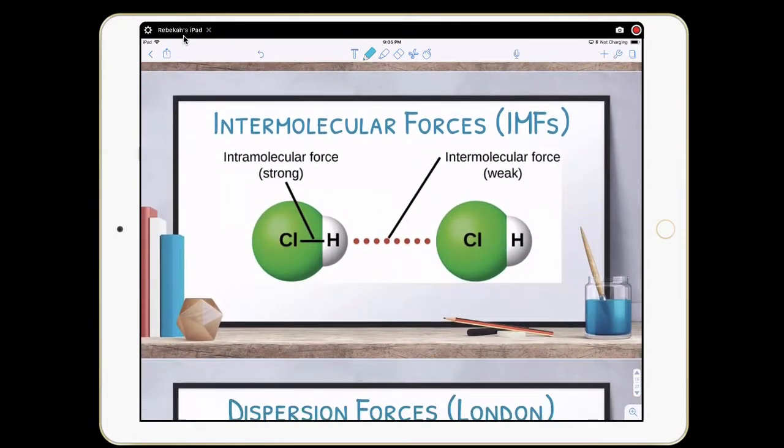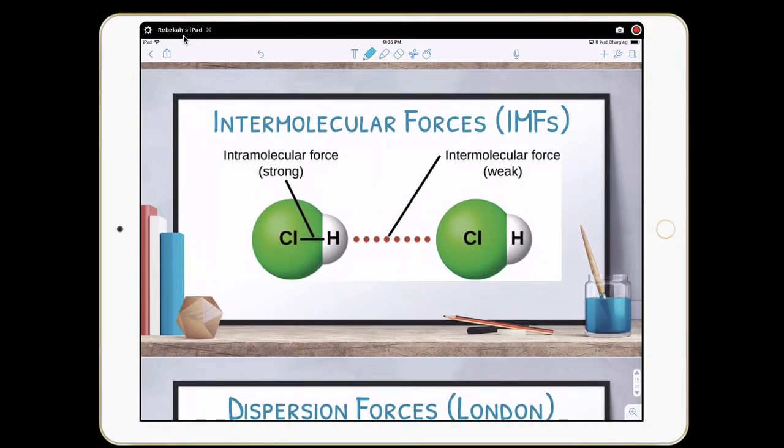Alright, now we're going to talk about these intermolecular forces, these IMFs. There are 3 different intermolecular forces that we need to know. We're going to discuss them. Just a really quick recap. Intramolecular forces are bonds and ionic interactions. Intermolecular forces are between molecules. We have not talked about this yet. This is new. This is old.